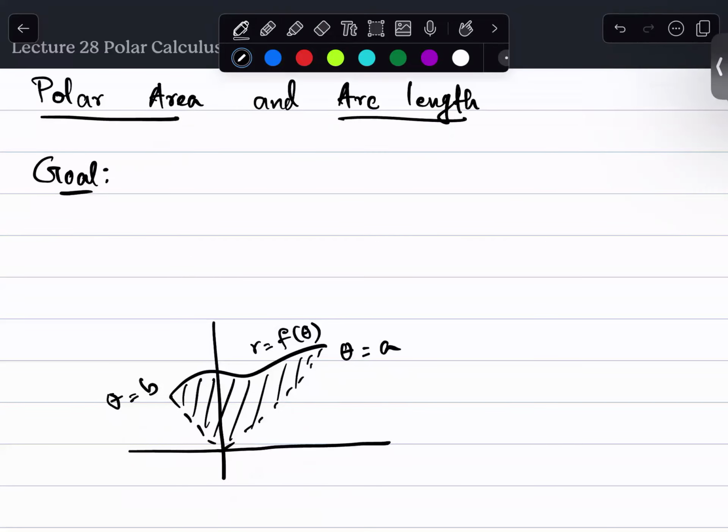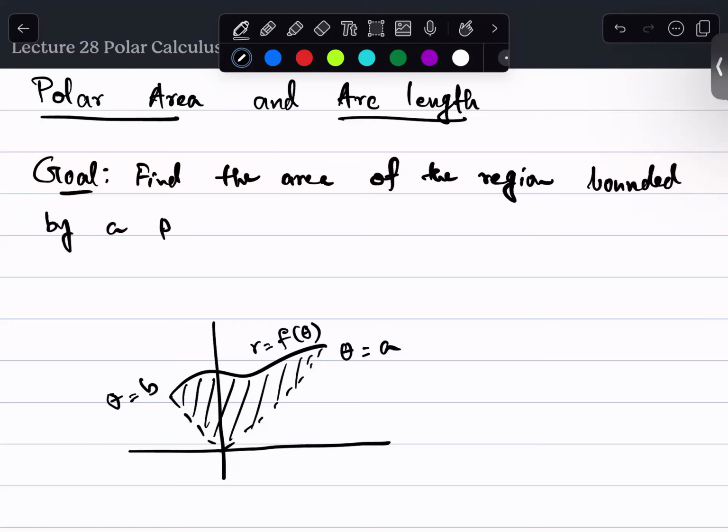So our goal in this lecture is to find the area of the region bounded by a polar curve, say r given as a function of theta, and theta varies from a to b.